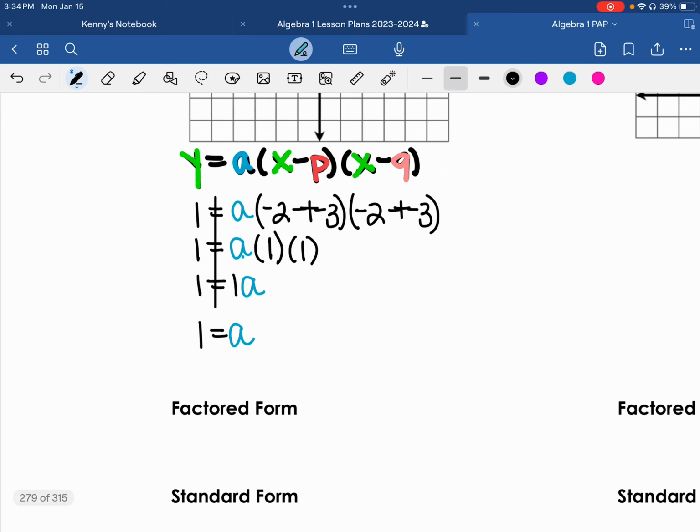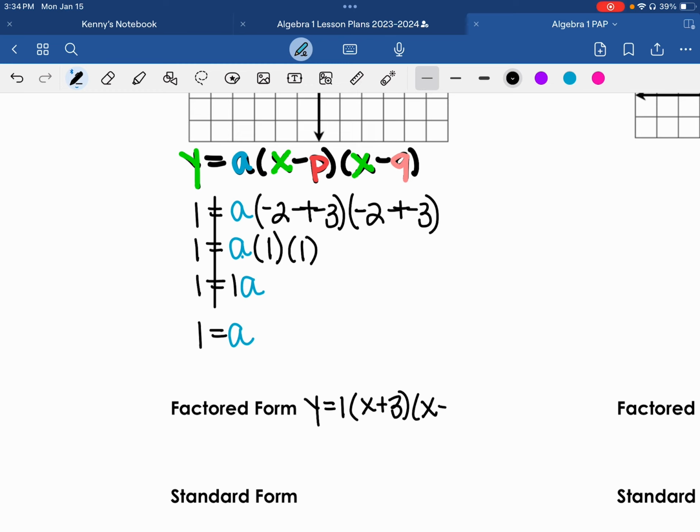So my factored form is y equals (x minus negative 3)(x minus negative 3), or I could simply say y equals, I can make the 1 become invisible. And since my two factors are the same, I could write them like this.